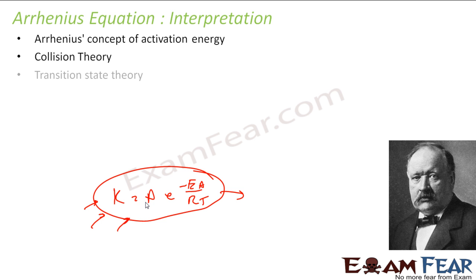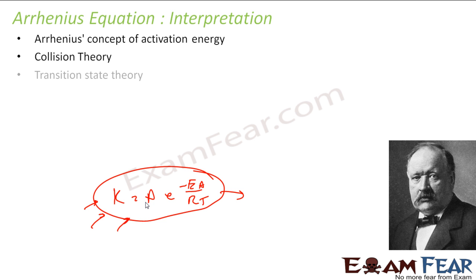So K is equal to A e to the power minus Ea by RT is an experimental equation. Based on experiments, this equation has been found. But why this equation is correct, there has to be a justification, right? We need to understand why we have Ea, why we have R, why we have T, why we have A. Those justifications were given by three different theories.